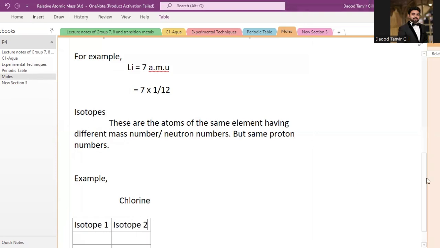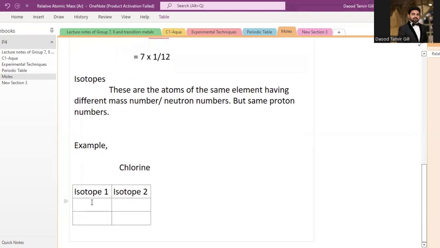One is chlorine 35 and the other one is chlorine 37, and the percentage of chlorine 35 is 75%, whereas the percentage of chlorine 37 is 25%.